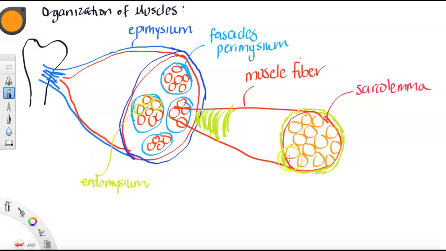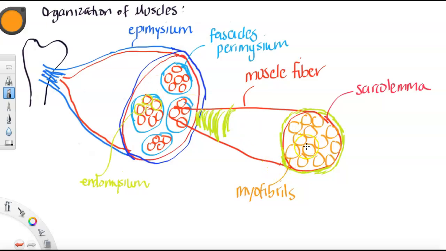And these little contractile units are called myofibrils. And they contain the proteins that allow for muscle contraction to occur.